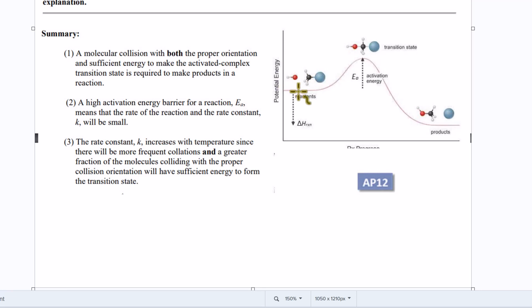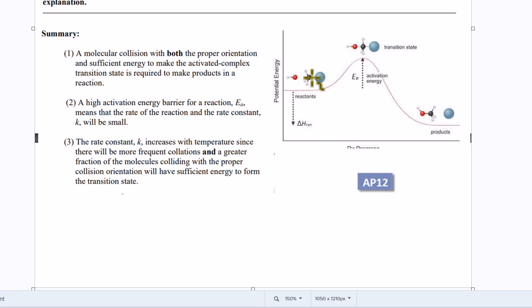So we sort of smash things together. Wow, we've got something better. We've got a new substance with lower potential energy. So we have these two reactants coming together to make this. You need sufficient kinetic energy to smash together. You have to have the right orientation.